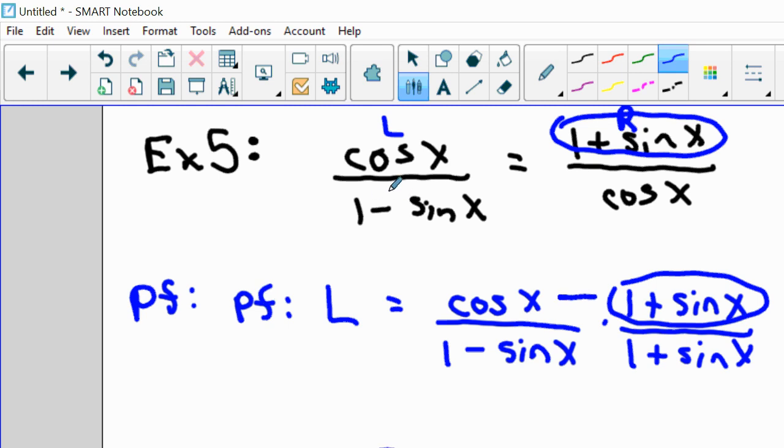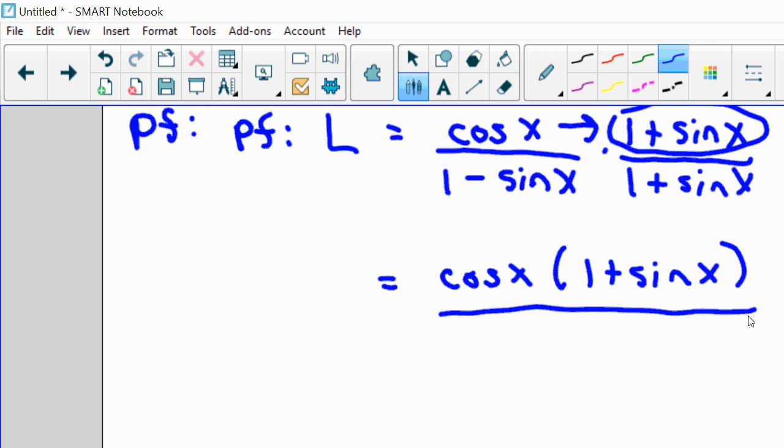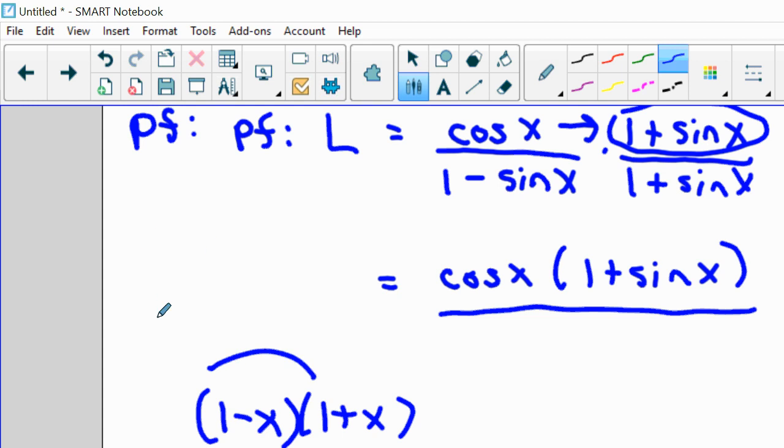So you multiply straight across, and you get cosine x times 1 plus sine x. Now, when you multiply conjugates, like 1 minus x, 1 plus x, if you go FOIL, first, outer, inner, last, you get 1.